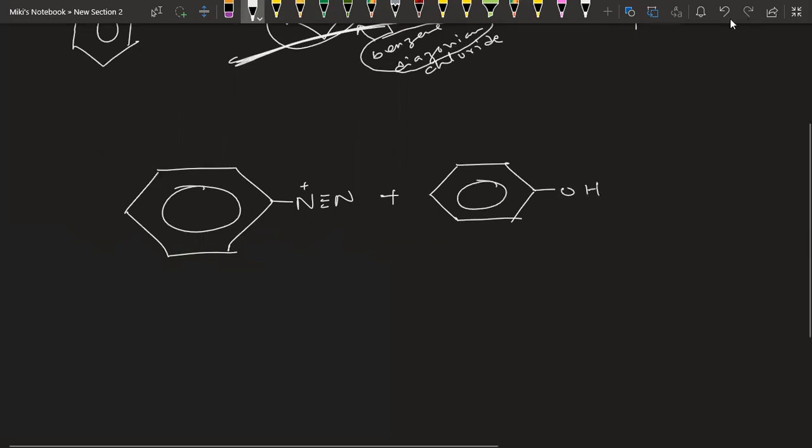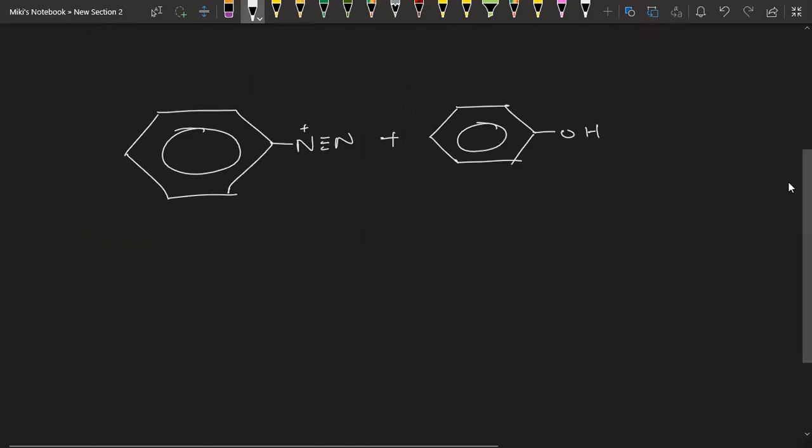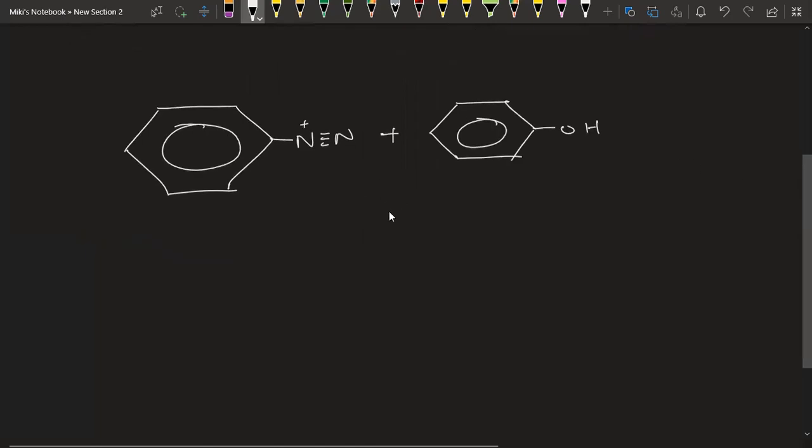Now what is going to happen here? I don't have any more space towards the right, so I'm writing towards the bottom. When we apply sodium hydroxide, and these are the two reagents, what happens?